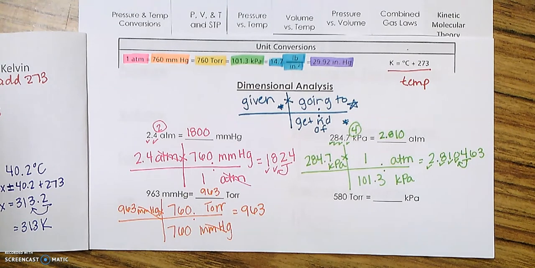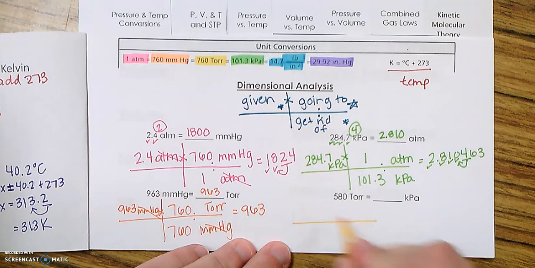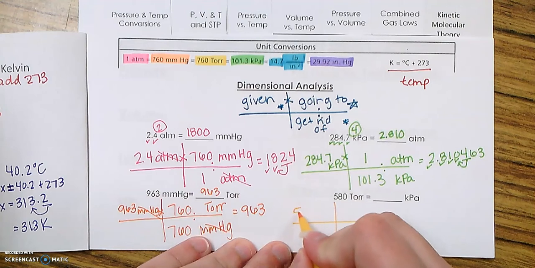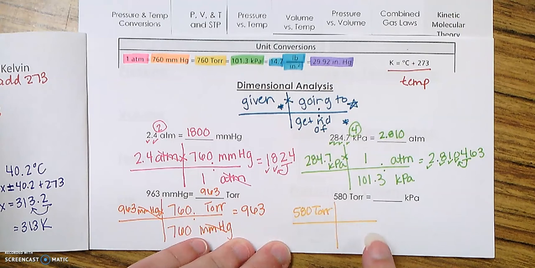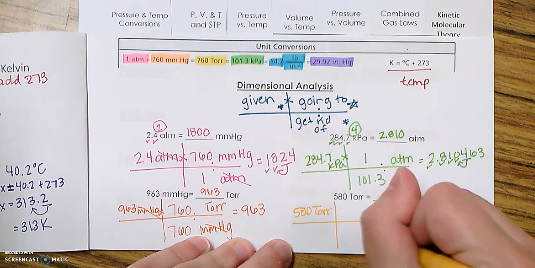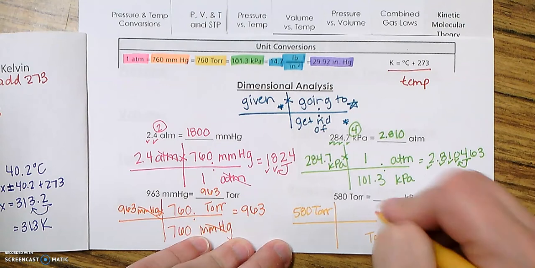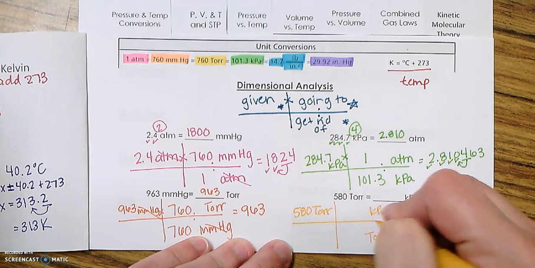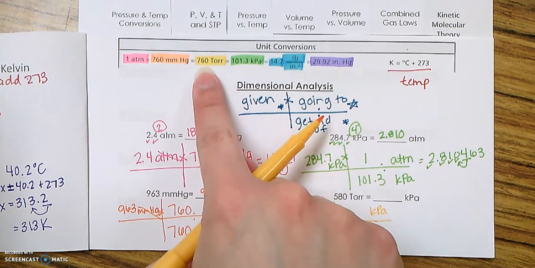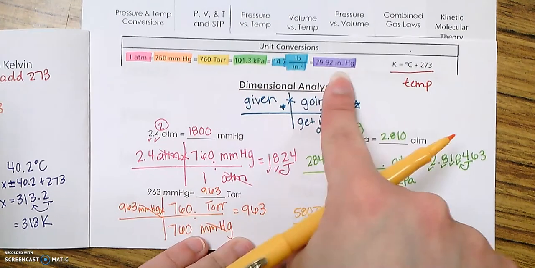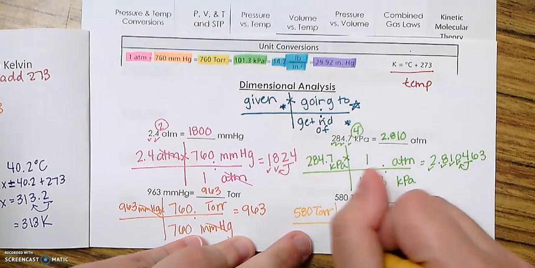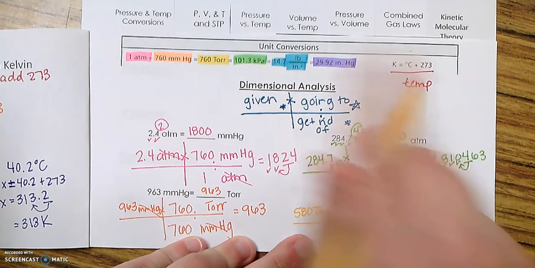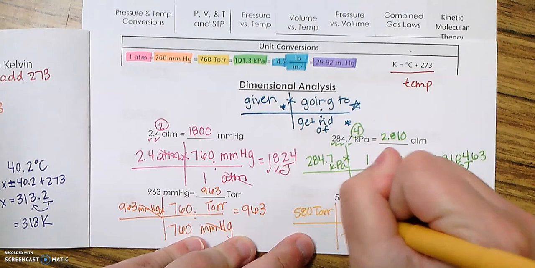Last example on this page, we're going to go from torr to kPa. Let me go ahead and do my table here. So 580 torr. Since I have torr up here, I need to put torr down here. And I'm trying to get to kPa, so I'm going to put kPa up here. Looking at my pressure conversions, torr has 760. kPa is 101.3.